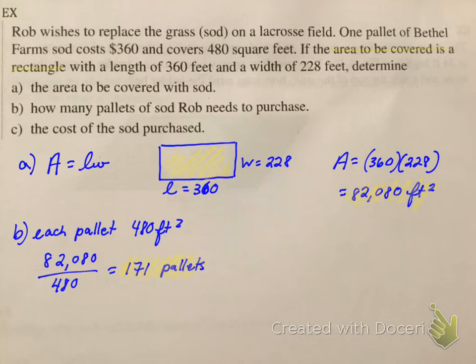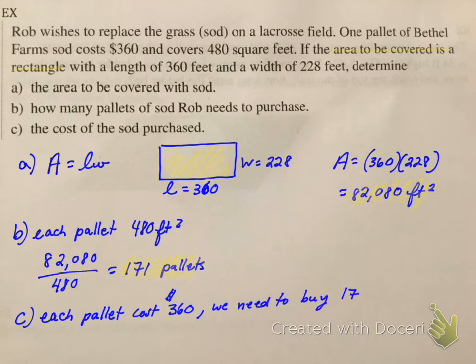Part C says, what's the cost of the sod purchased? Well, each pallet costs $360, and we have to buy 171 pallets, so what I'm going to do is multiply these together.